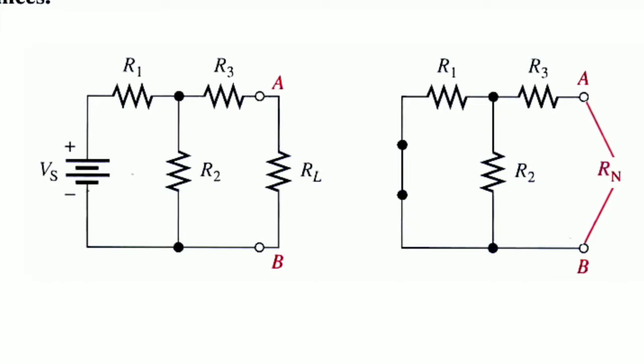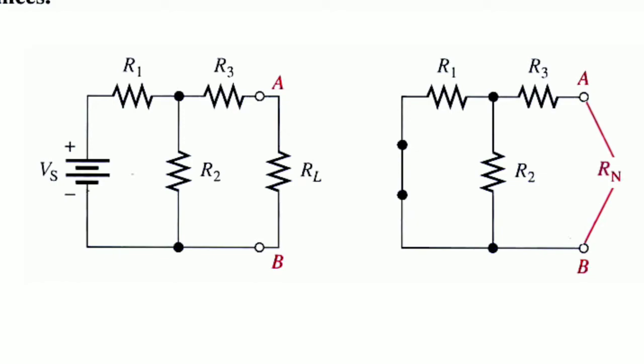Here, by comparison of this circuit, in step 1, Vs is short circuited, and the load resistance RL is removed from the terminals A and B. So seeing from the terminals A and B, that is nothing but Rn, Norton's equivalent resistance.